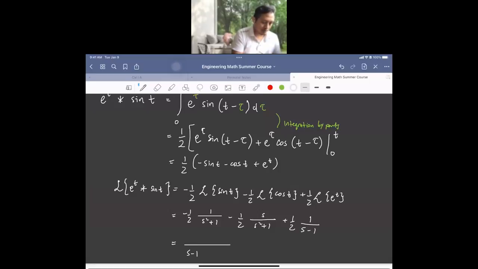And then we can say s minus 1 and s squared plus 1. We can solve this and you will see that this will be 1.